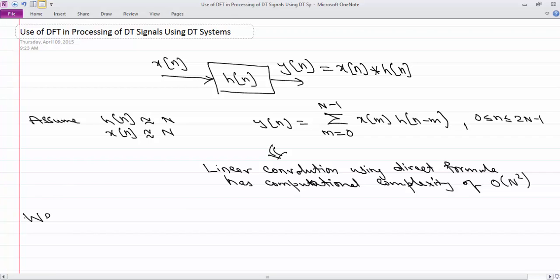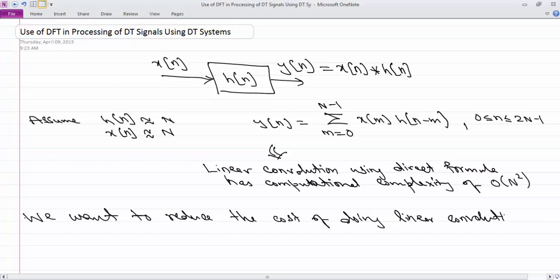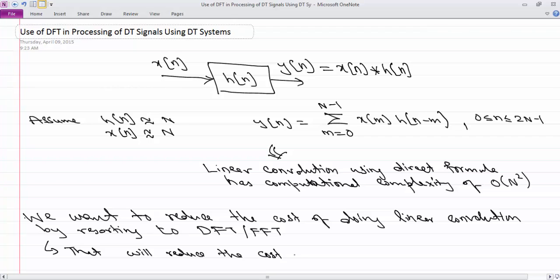So we want to reduce the cost of doing linear convolution by resorting to DFT/FFT, because in that case, the cost reduces to order N log N to the base 2, which is much smaller than N squared for appropriate values of N.